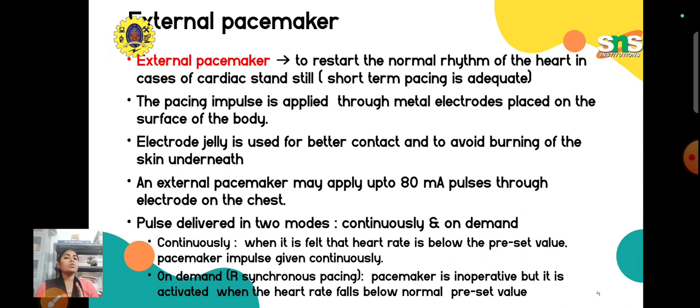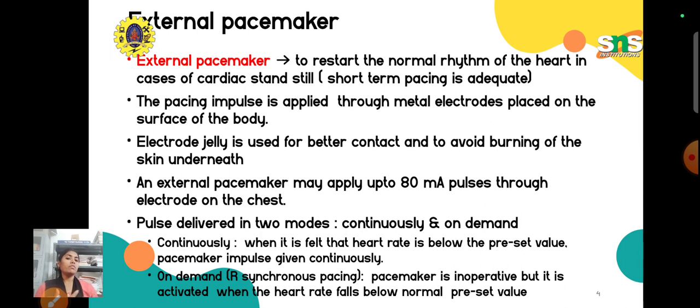In that case, the continuous mode is not recommended for temporary heart problems. In temporary heart problems, the patient has a tendency to recover at any time, so the heart may work normally at any time.